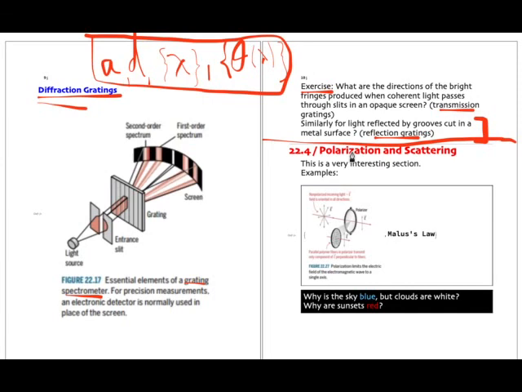It can also happen as a result of reflection. So, in fact, the first observation of polarization was polarization by reflection. It can also be produced in certain crystals. So, calcite, some calcium crystal, unpolarized light will separate into two different polarizations.